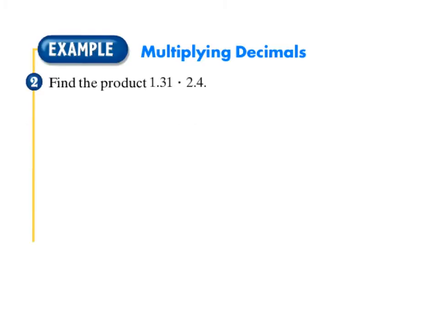Let's look at an example of multiplying decimals. So we want to find the product of 1.31 times 2.4. So we have 1.31, which has 2 decimal places, times 2.4, which has 1 decimal place. So that lets us know that we need 3 decimal places in our answer.